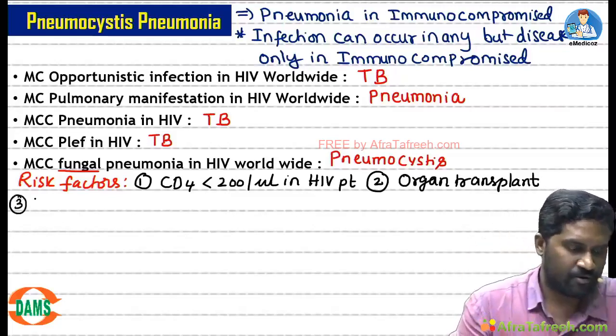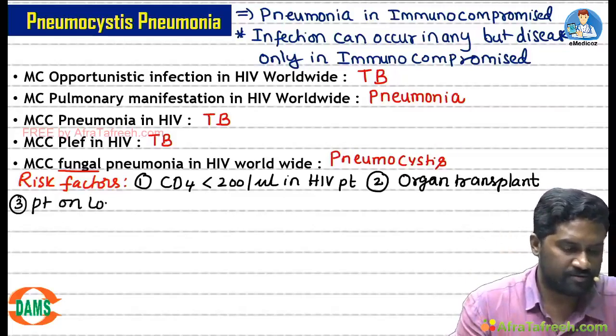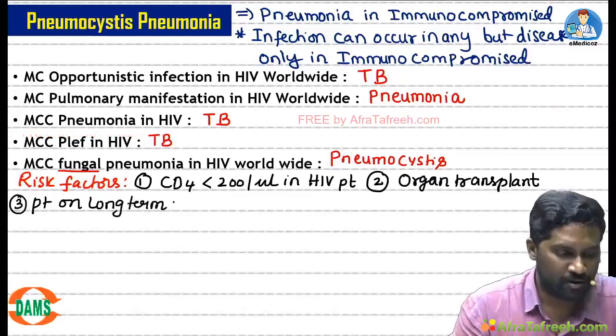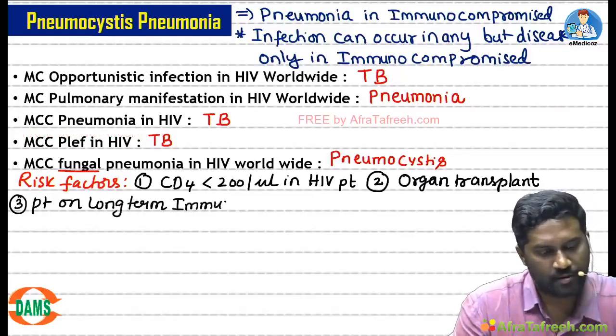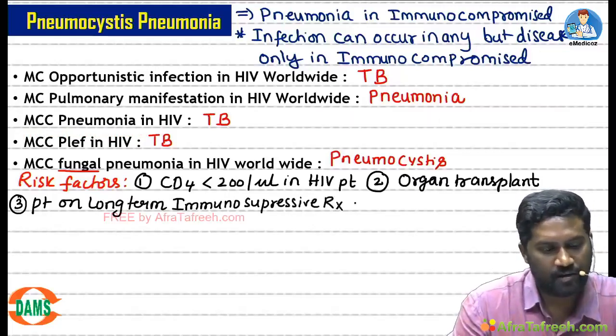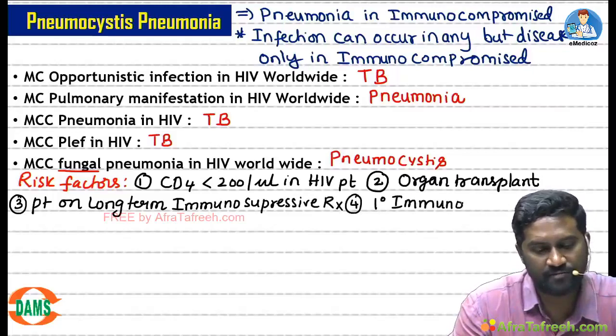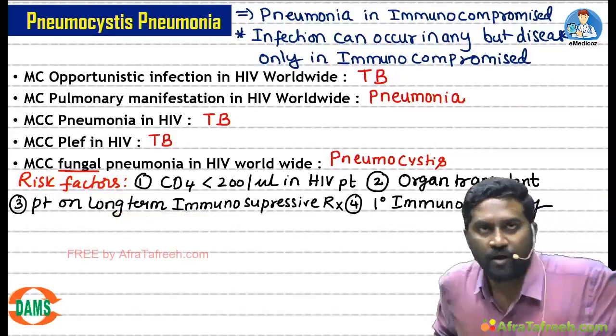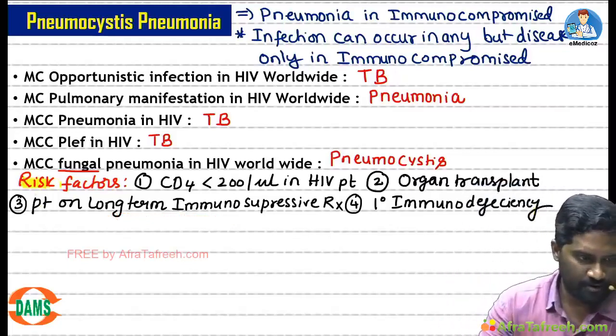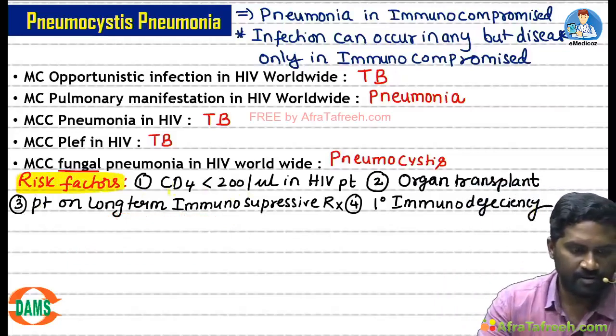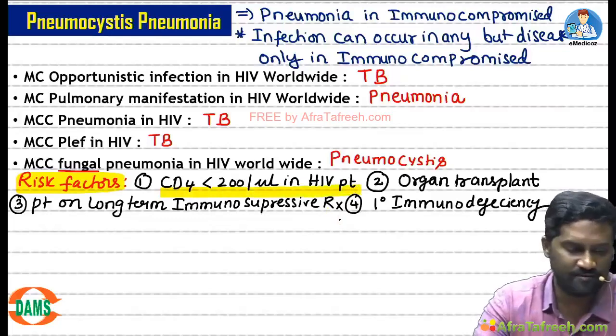Then patients on long-term immunosuppressive therapy, such as steroids or chemotherapy, and patients with other primary immunodeficiency syndromes. Out of all these risk factors, the most important is CD4 count less than 200 per microliter in an HIV patient.